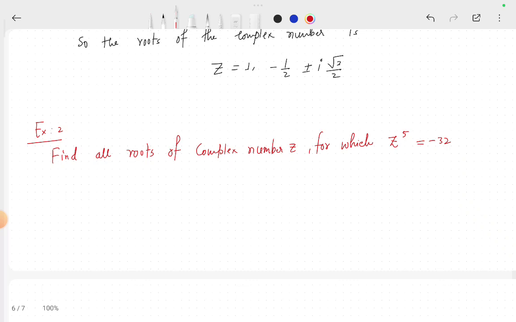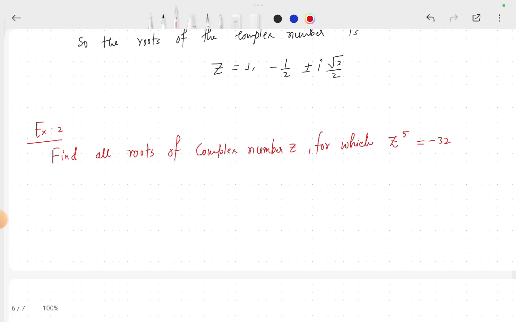So for this complex number we get 5 roots, right? This is a simple case, and the first solutions arise in your minds. Z to the power 5 equals minus 32 is a complex equation, and this basically gives you 5 roots.